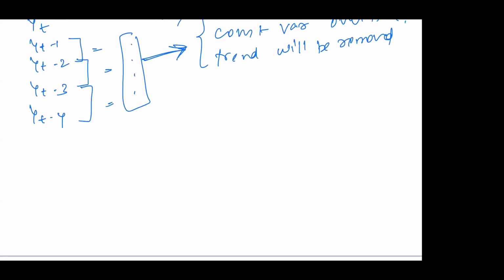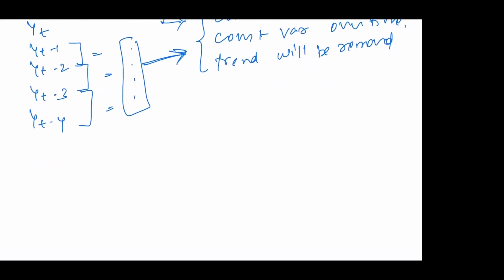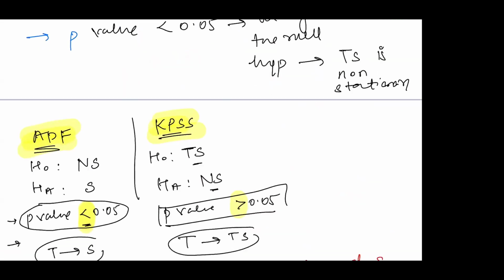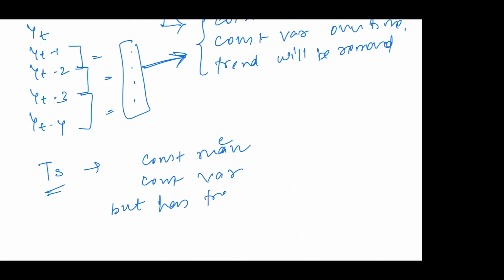Trend stationary, what does this mean? It means the series has constant mean and variance over time, but has a changing trend. It can have either an upward or downward trend, but the fluctuations around that trend are consistent. I'll also write it here: trend stationary means it has constant mean, constant variance, but has a trend associated with it.